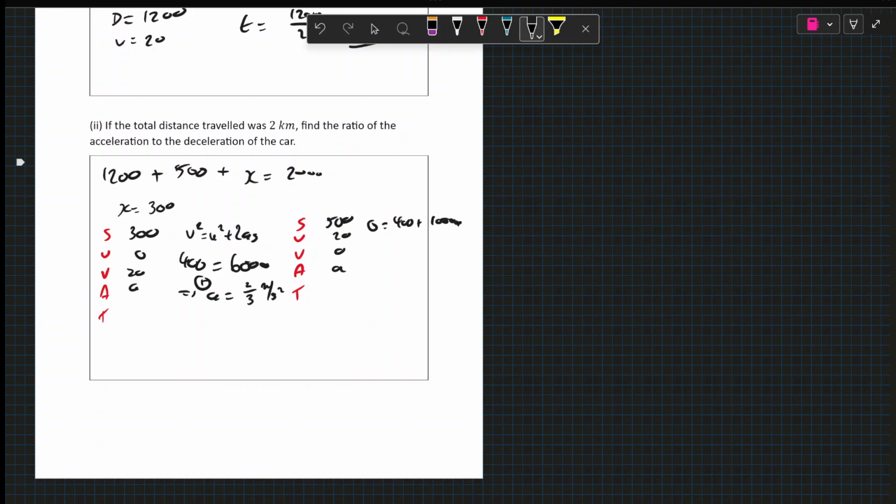So that would be 2/5. 400 over 1000, 4 over 10 is 2 over 5. So that's a minus. Now, the acceleration to the deceleration is 2/3 divided by 2/5. We're taking the magnitude here. So 2/3 divided by 2/5. The ratio is 5/3. So the acceleration to the deceleration is in the ratio of 5 to 3.